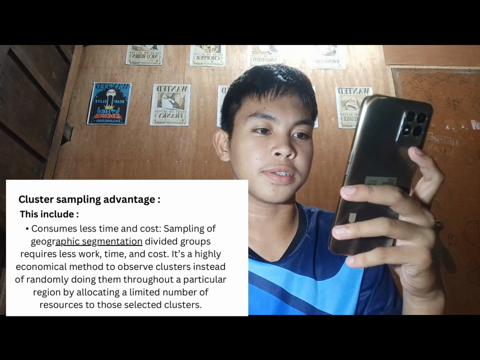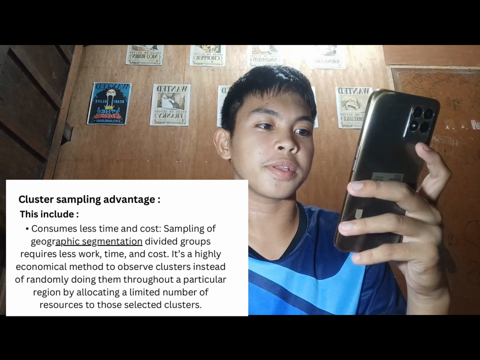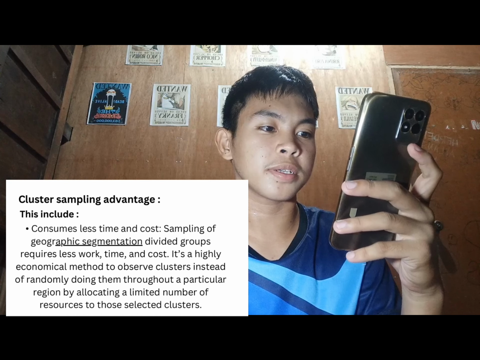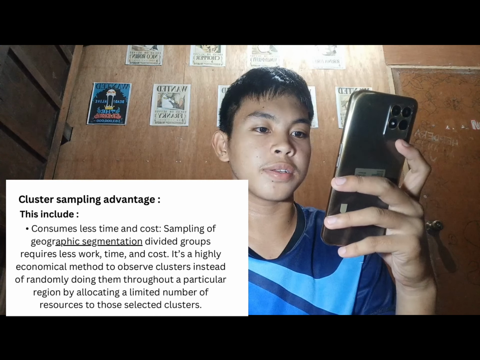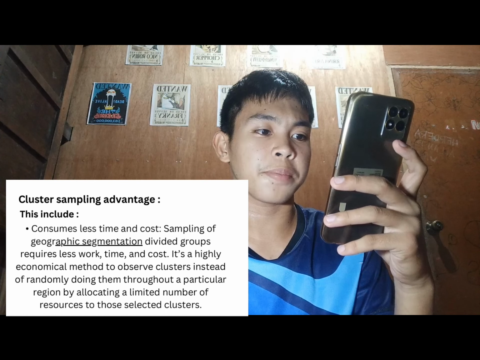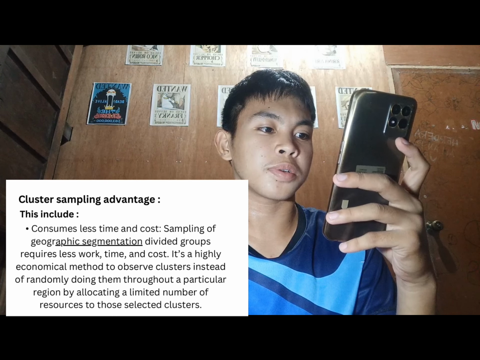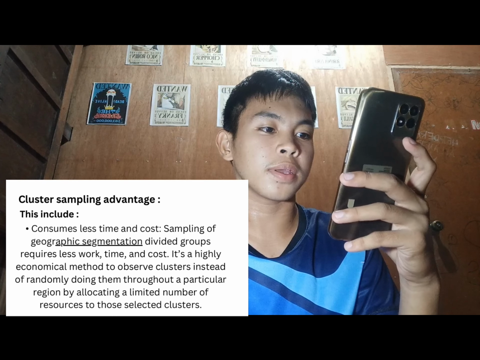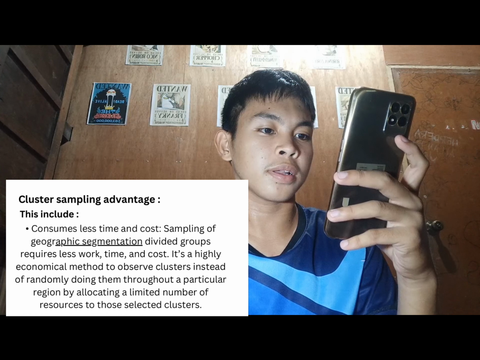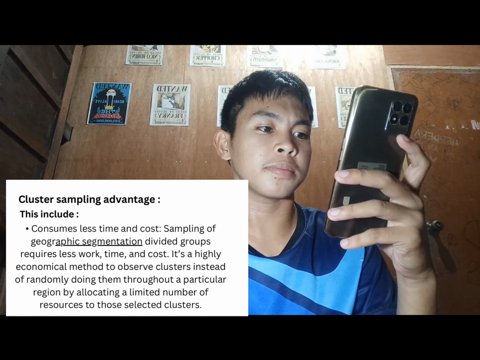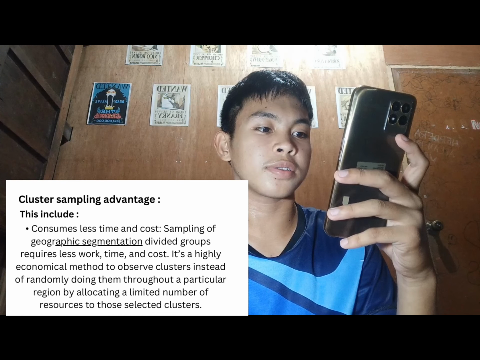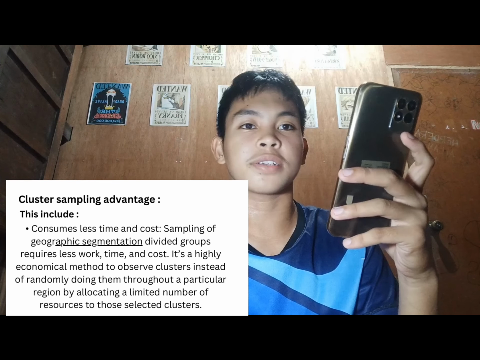These include, first, consuming less time and cost. Sampling of geographic segmentation divided groups requires less work, time, and cost. It's a highly economical method to observe clusters instead of randomly doing them throughout a particular region, by allocating a limited number of resources to those selected clusters.